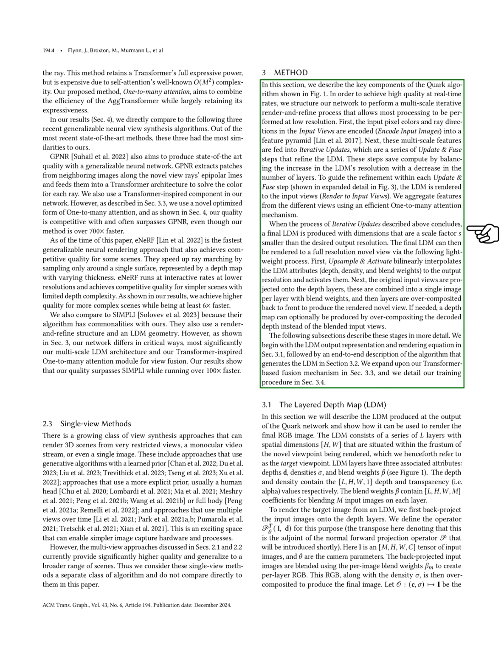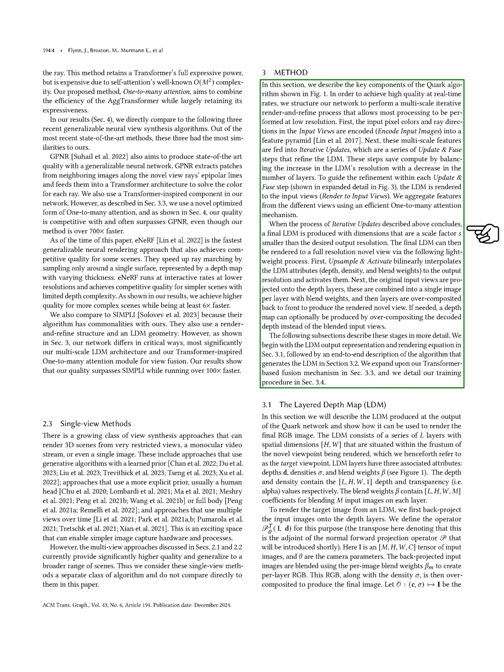Once the iterative updates are complete, we produce a final LDM that is 4 times smaller than the desired output resolution. We then render this LDM to a full-resolution view through a lightweight process. This involves bilinearly interpolating the LDM attributes to the output resolution, projecting the original input views onto the depth layers, and blending them to create the final image.